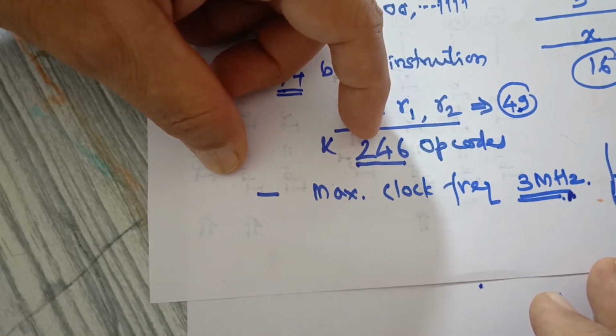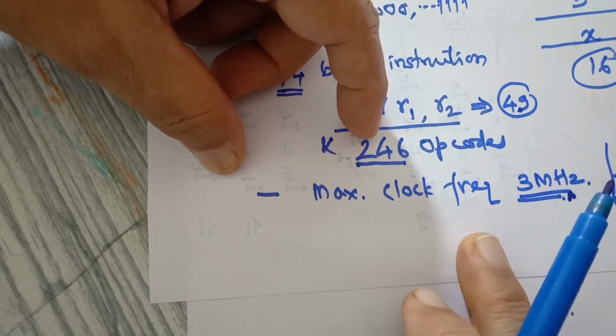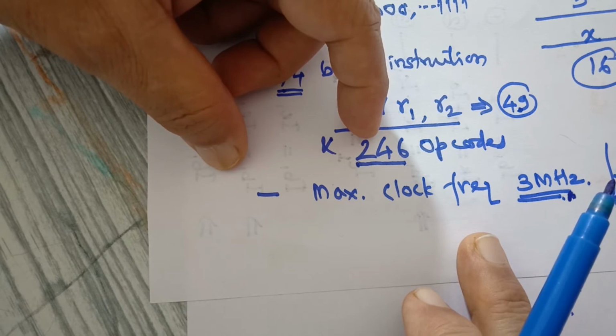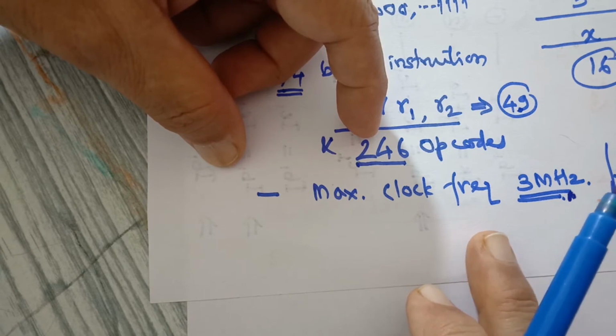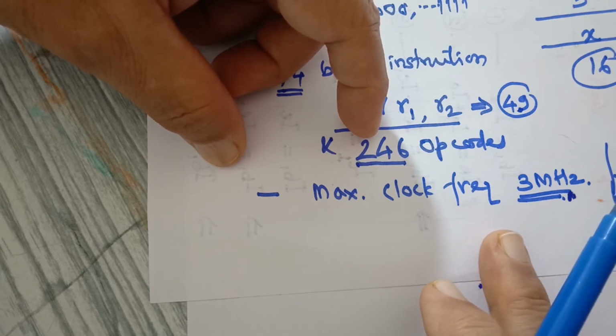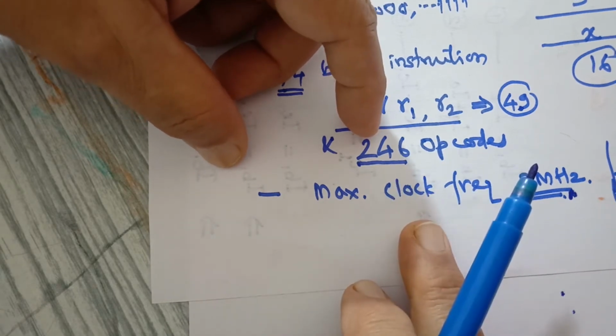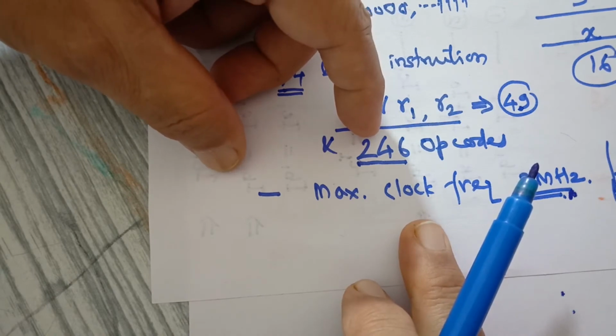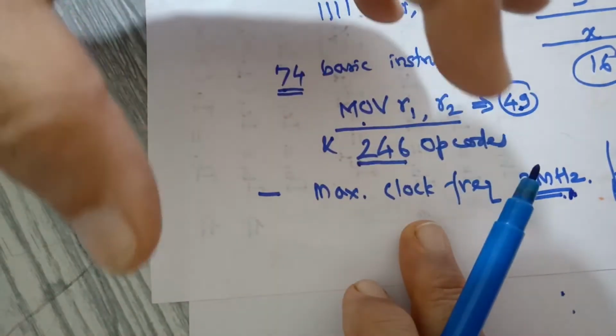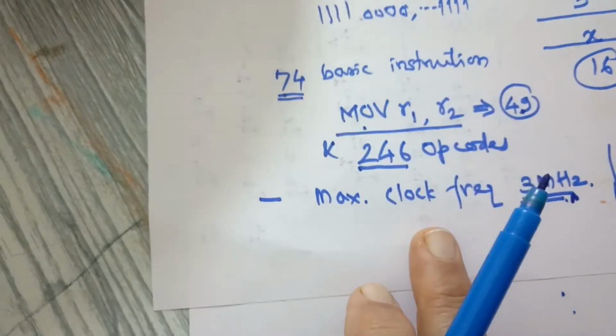It was used for some industrial control applications, sometimes in calculators and instruments, video games, toys, and a small computer system can be constructed using this microprocessor. So this is about its features.